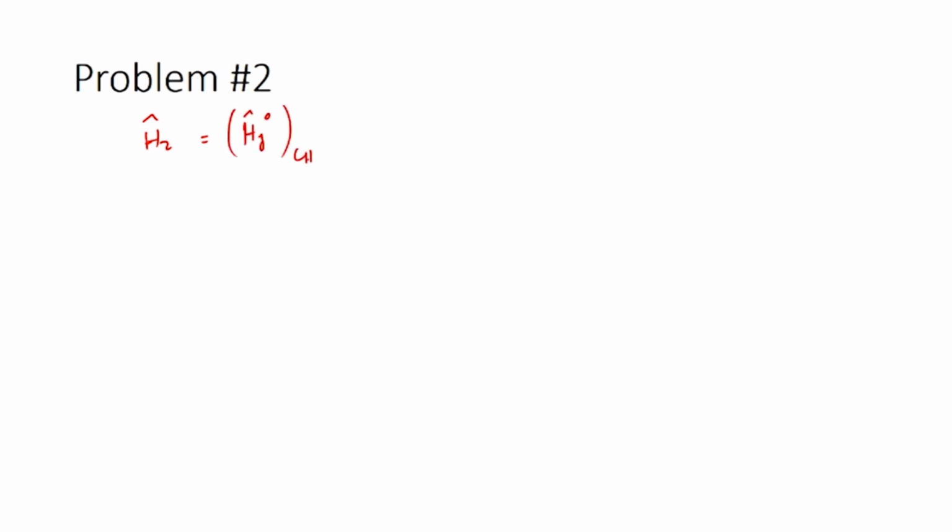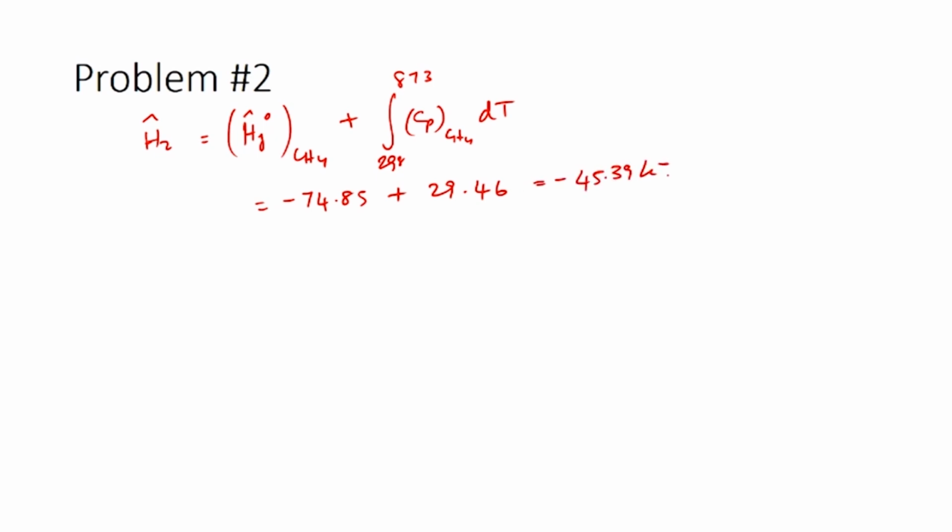So, heat of formation of methane plus integral Cp of methane dT, and the temperature again would increase from 298 Kelvin to 873 Kelvin. So, using the Cp value for methane from the tables and the heat of formation for methane, we can calculate this as minus 74.85 plus 29.46, giving a value of minus 45.39 kilojoules per mole.